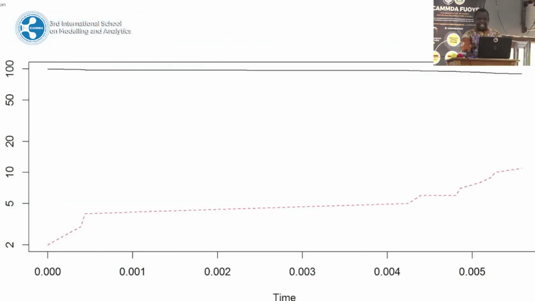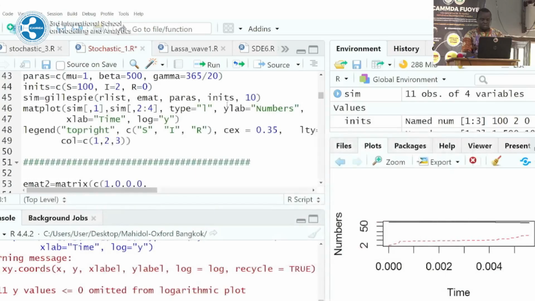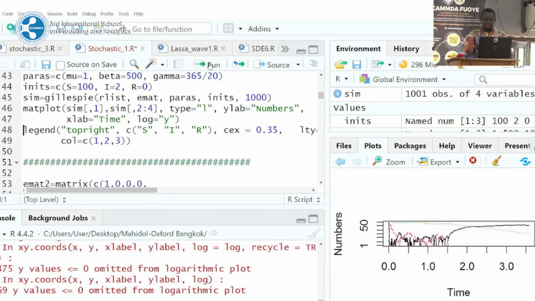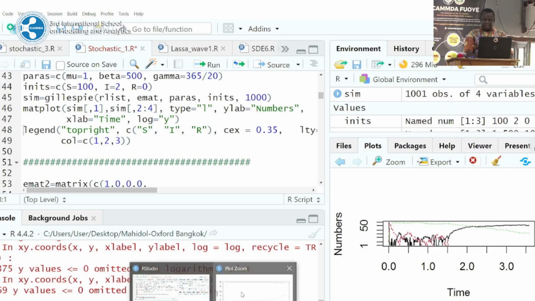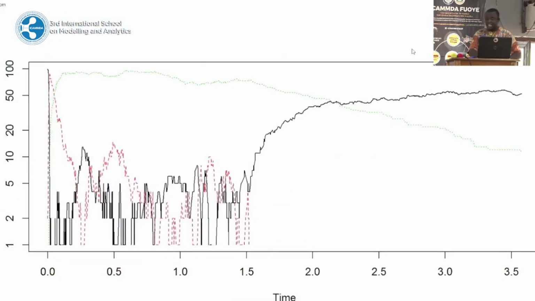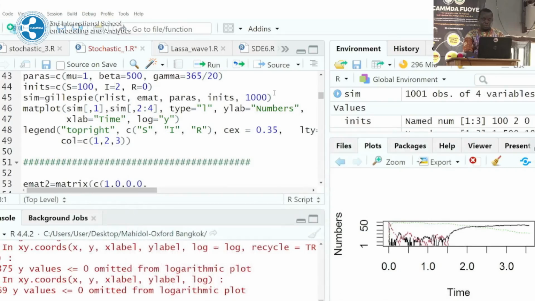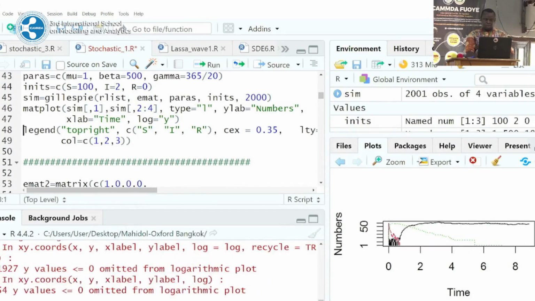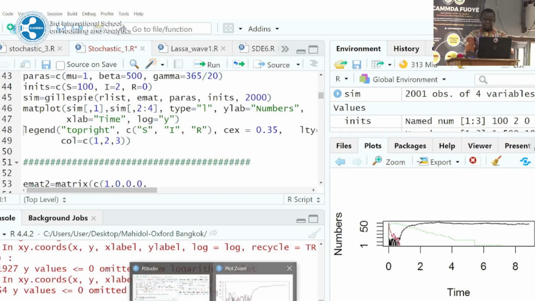Now, if I increase it to maybe 1,000, yeah, you have it here. And then if I increase it to 2,000, you see that it's not the same.